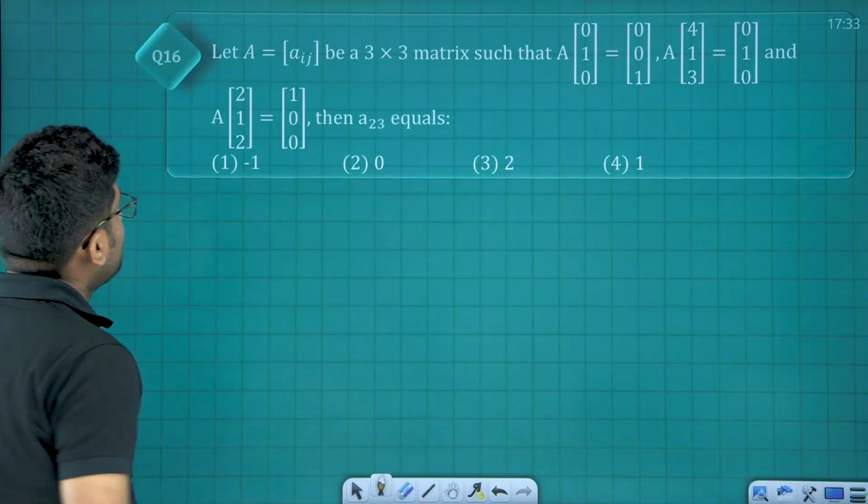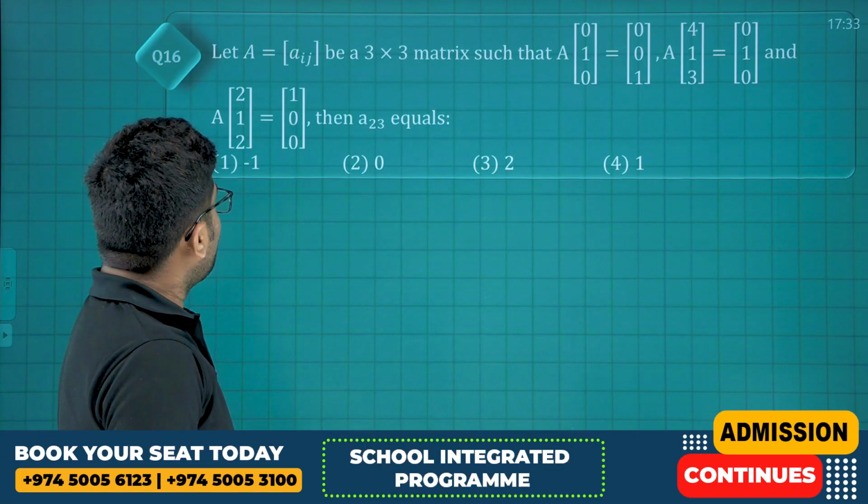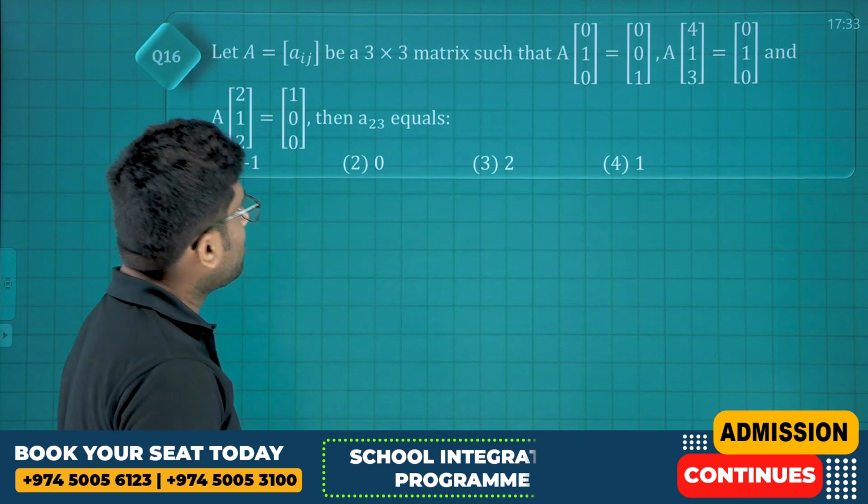Next question, friends. Let A equal matrix Aij be a 3 by 3 matrix.